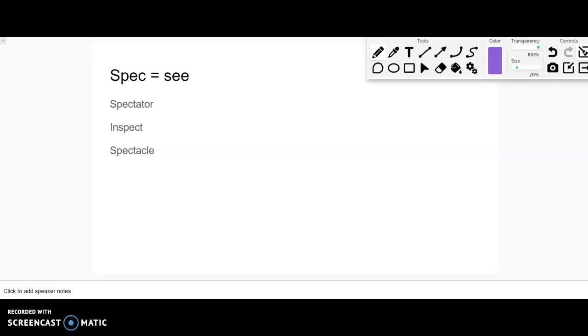Sorry, my pen's being a little weird. Litter or liter means read or letters. So literature is like books we read, texts that we read. Literal means like right in front of you. So it's not necessarily a book that's right in front of you, but the actual meaning.